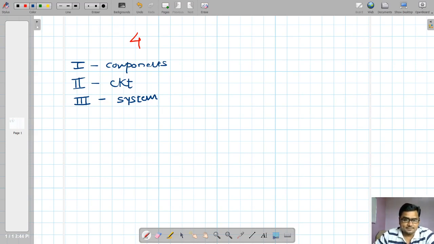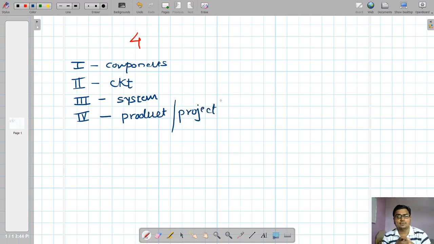Now in the final year, whatever systems you have studied, connect all those systems together, and then it becomes a product. That is what generally people call a project that you need to complete in final year. This is what 4 years of your engineering in electronics and telecommunication is.